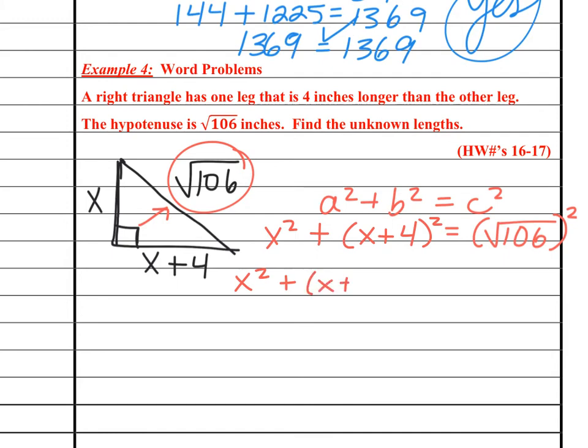So x plus 4 times another x plus 4 equals, we already said that these two cancel out, so you're just left with 106, which is great. So go ahead and FOIL out, multiply each to each for those parentheses. It'll be plus 8x.